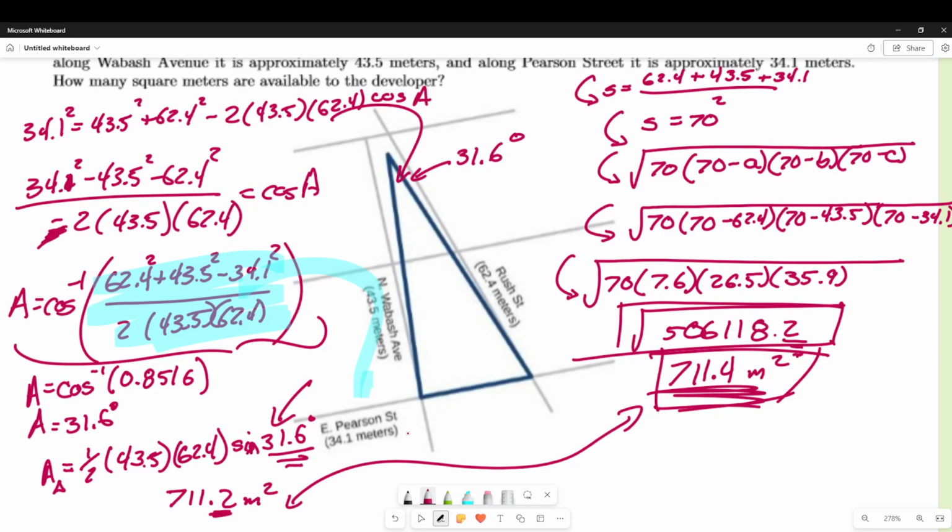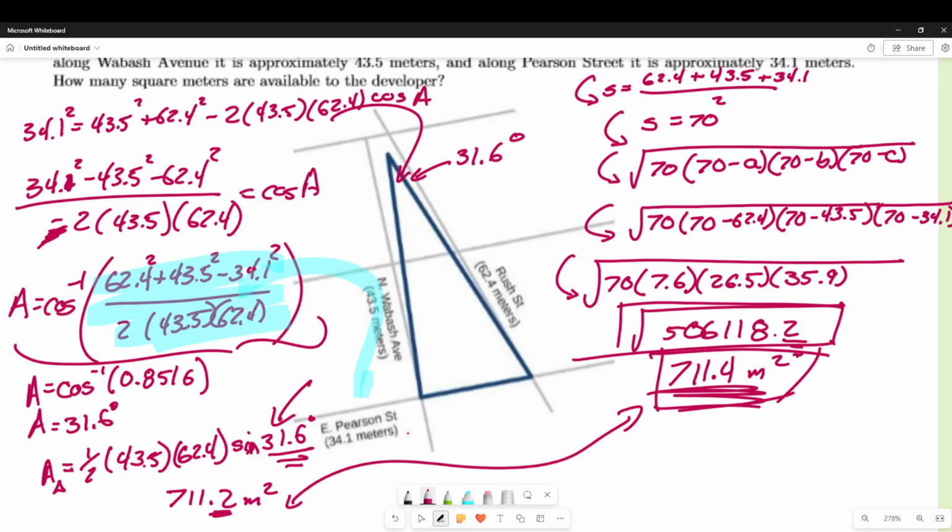Anyway, so those are just a couple of neat tools for area to broaden your toolkit for area. There are lots of applications. I particularly remember a lot of problems coming up in Calc 2 and Calc 4 where using 1/2 base times height just makes a horrible problem. But if you switch it into angles instead and use the 1/2 BC sine A, then you get a really nice little way of solving a problem.